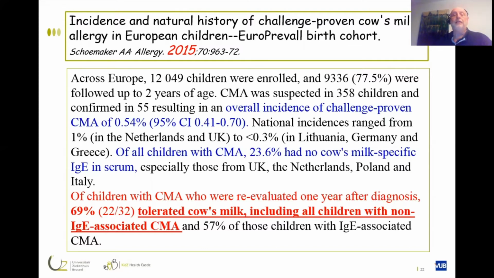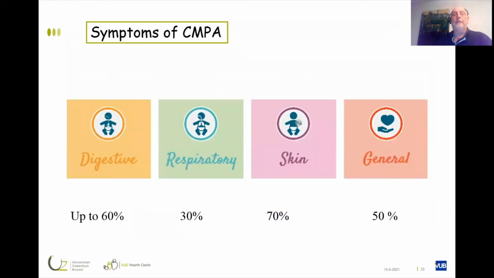But that means that infants with non-IgE mediated cow's milk allergy develop tolerance in the vast majority, according to the Rejuvenation study, 100% before the age of 1 year. And functional gastrointestinal disorders, colic and regurgitation, disappear also before the age of 1 year. Colic before 5 months and reflux mainly before the age of 1 year. It's true that infant constipation tends to continue beyond the age of 1 year.